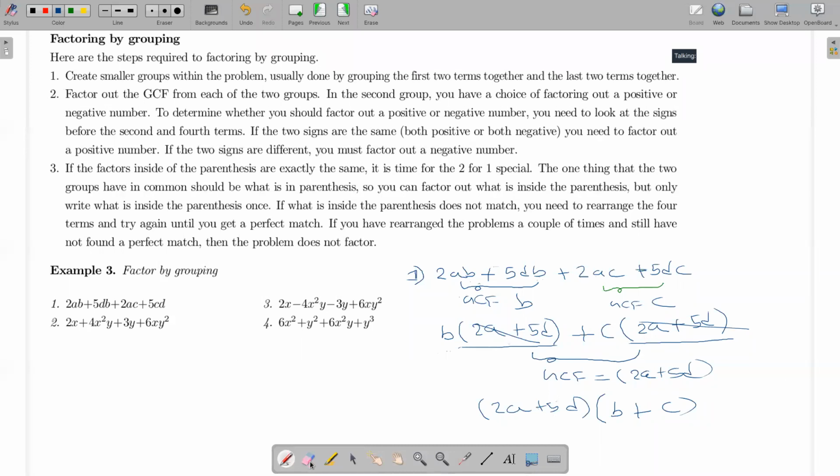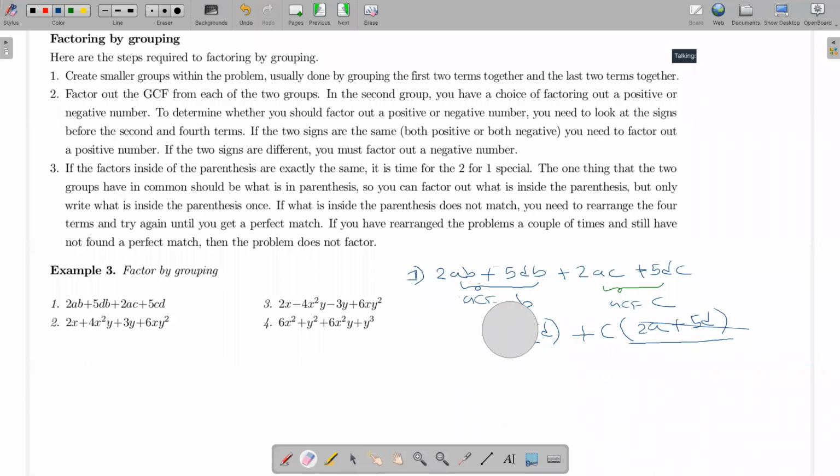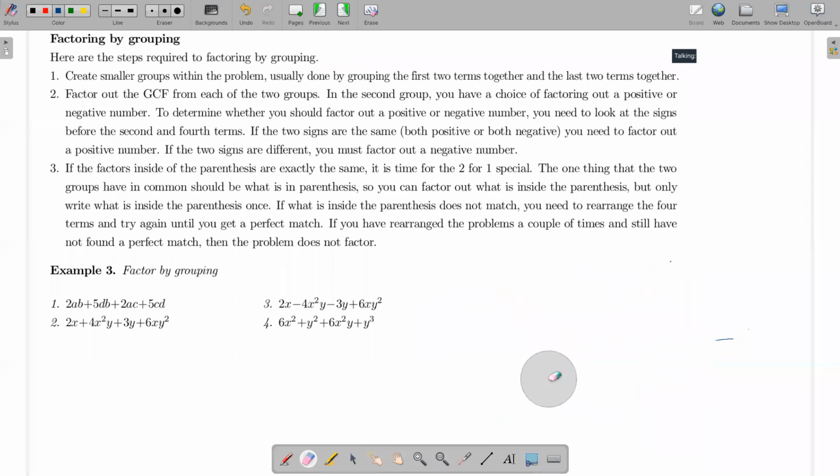So I'll go for the third one, because a lot of people got the second one correct. I'll do the third and the fourth one. Then we'll go to the next.